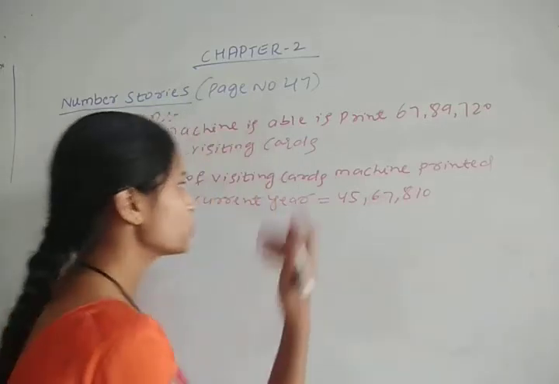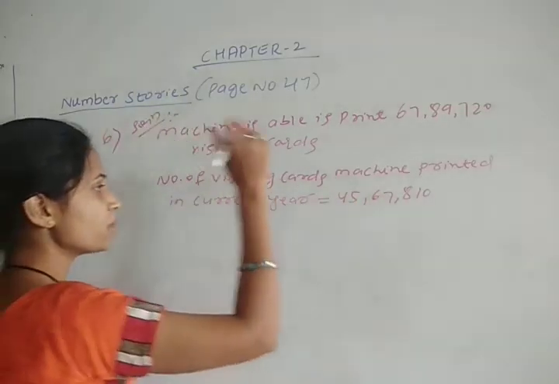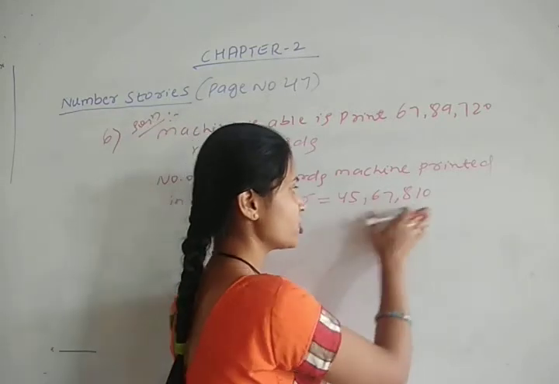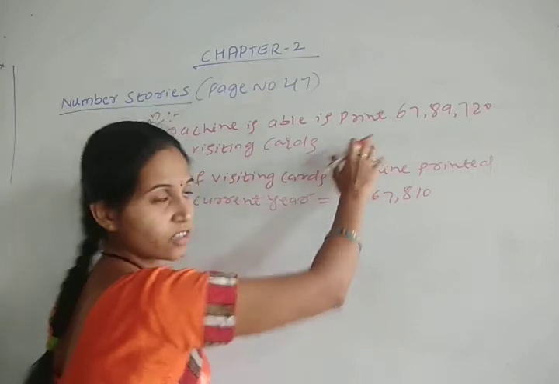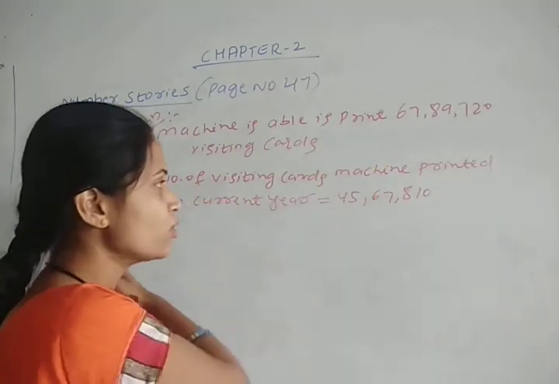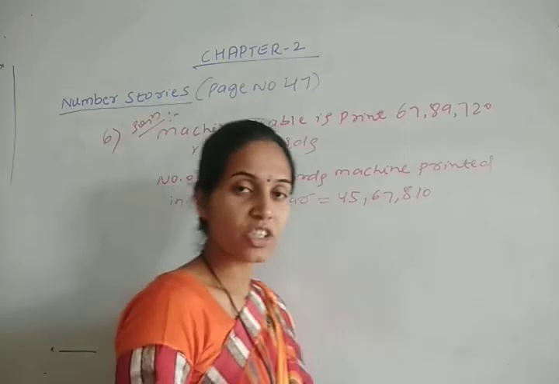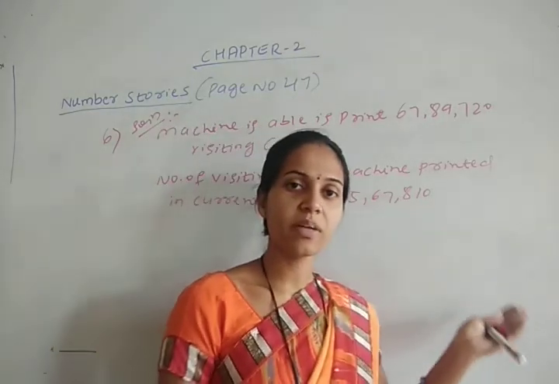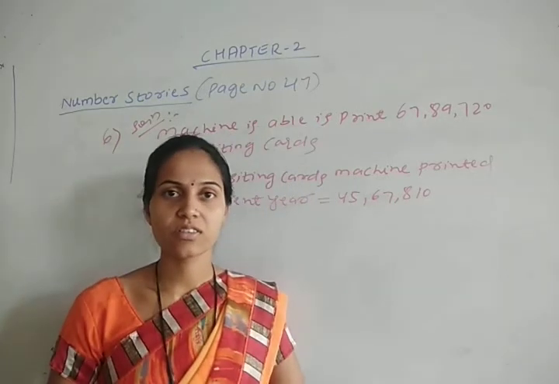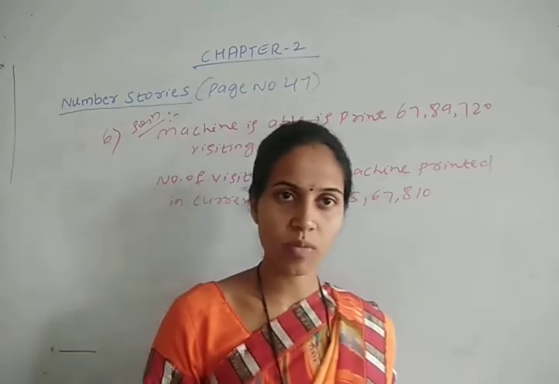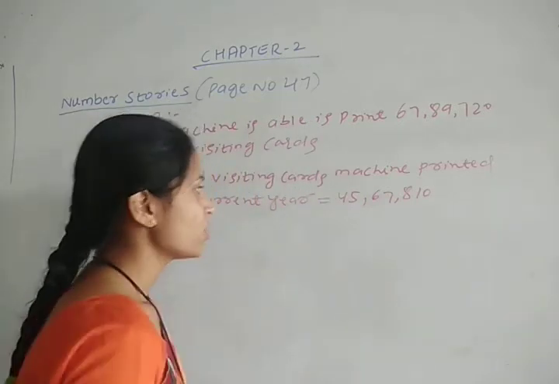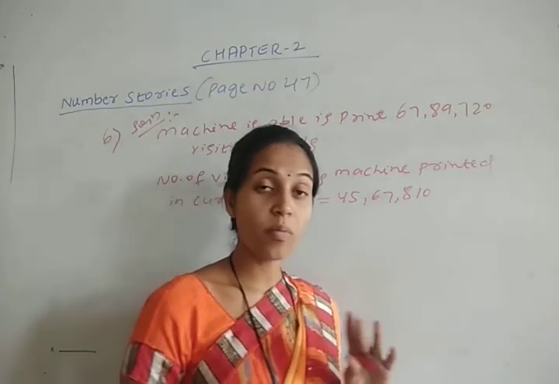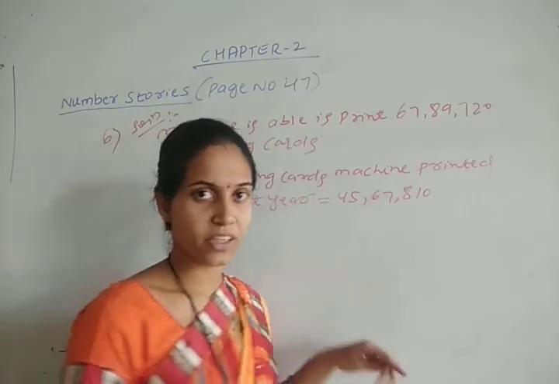Now they are asking you to find how many less visiting cards the machine printed in the current year. Due to some technical problems, the machine printed only 45,67,810, which is less than its ability. They are asking you to find how many fewer cards the machine has printed than expected.